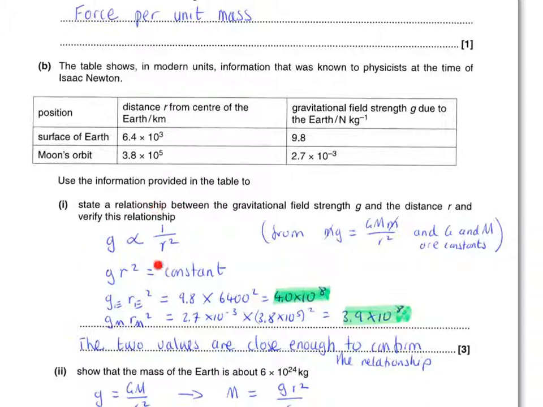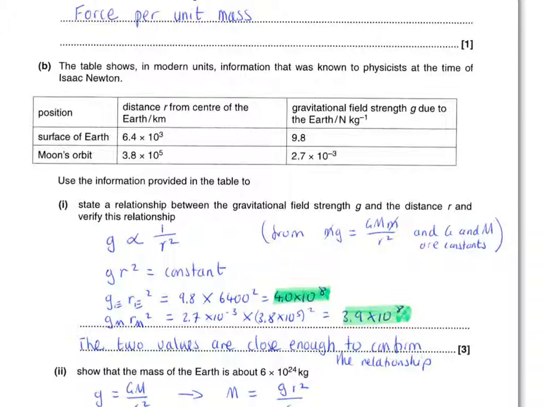Now if g is proportional to 1 upon r squared, I could write that as g equals some constant times 1 upon r squared, which makes g r squared constant. So the relationship is that g is proportional to 1 upon r squared. We've got an inverse square relationship, and then the test we can use is that g r squared is constant.